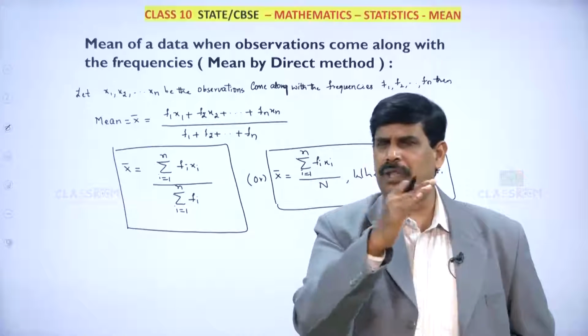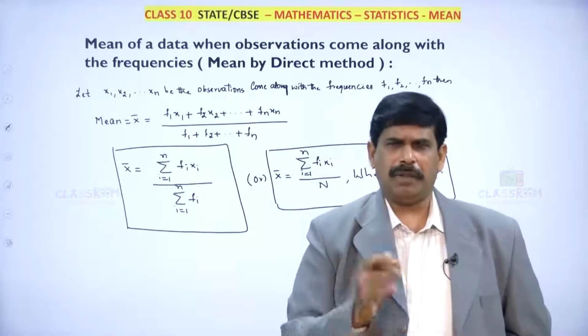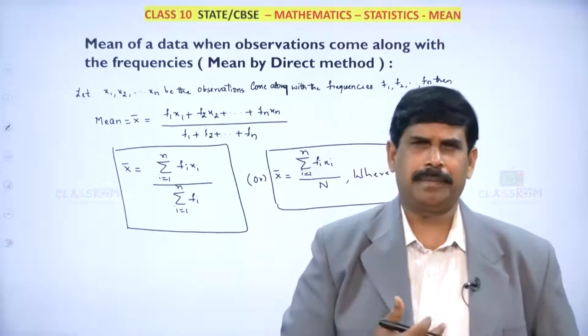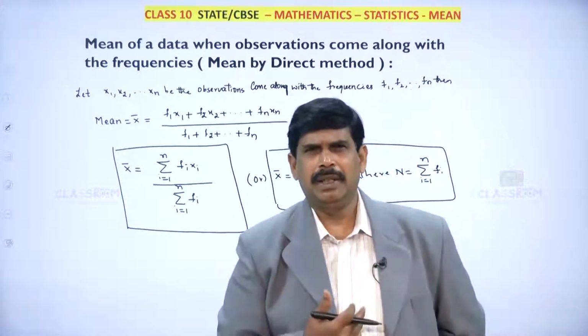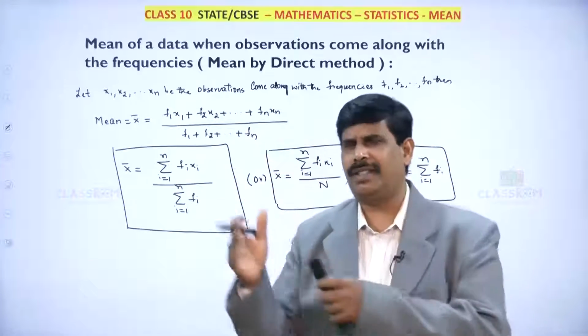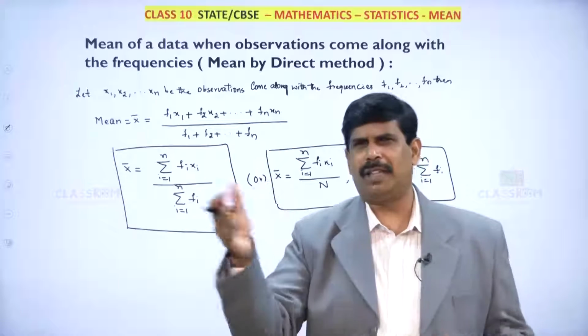You multiply the observation with frequency, you add all those values and divide by the total frequency. So this is what we call the mean by direct method of an ungrouped data. Here the data is not grouped. Grouped data means it will be in the form of classes. So here it is only ungrouped data, the numbers are given here.